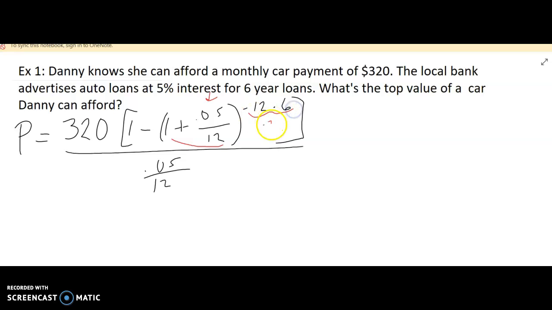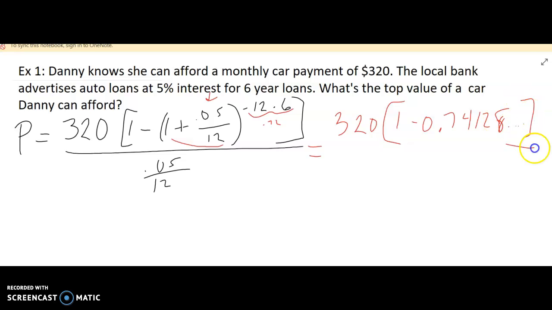This right here is negative 72. So raise it to the negative 72nd power. And that's going to give me 1 minus 0.74128, and it continues on in my calculator, all over 0.05 over 12.